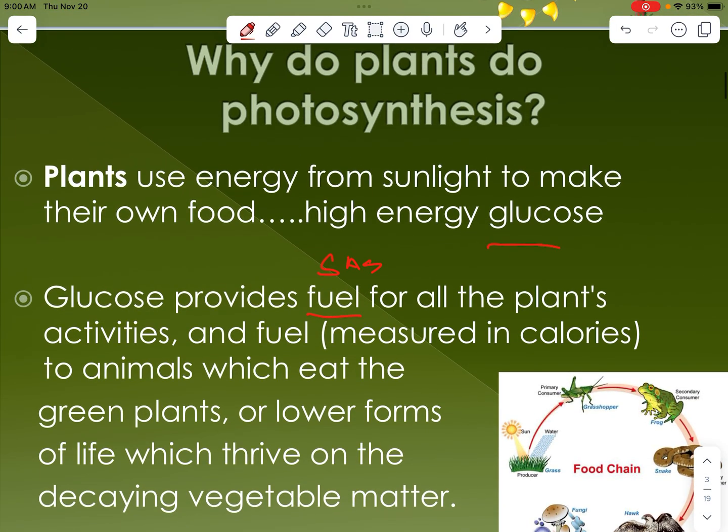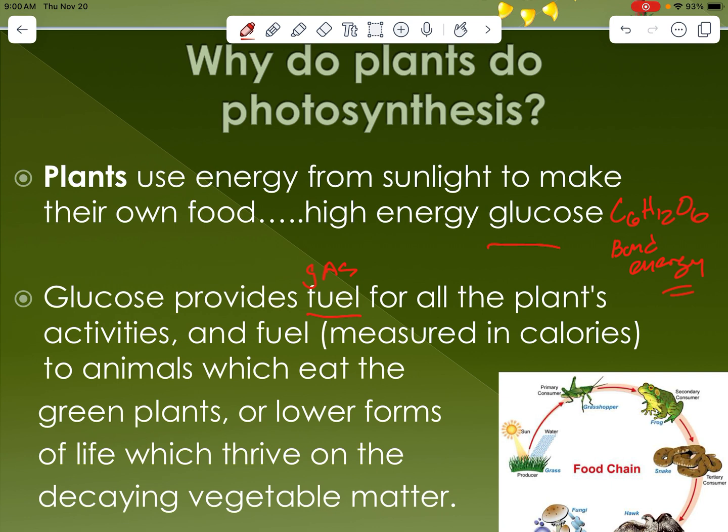Now, why do plants need photosynthesis? Well, this is how they produce their main compound, glucose, C6H12O6. So you can see there's quite a bit of bond energy in here. You could think of this as the gas for a car.